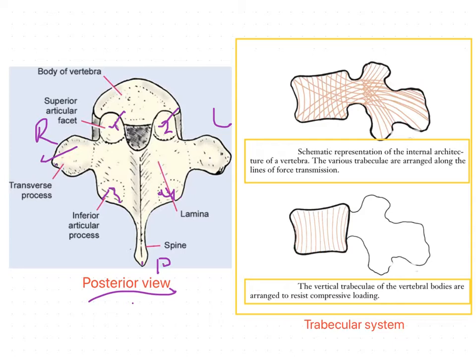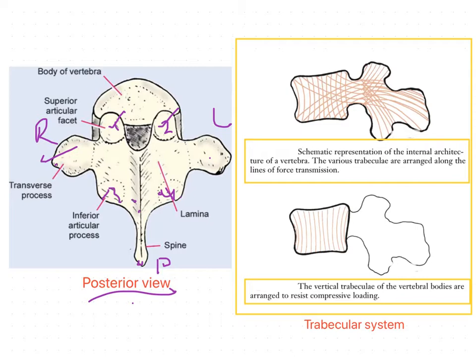These 3 are non-articular processes. Totally 7 projections or 7 processes are present on the vertebral arch or neural arch.